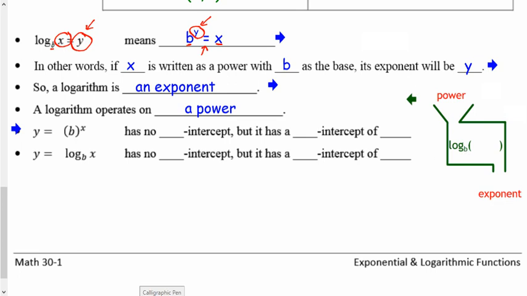So this little subscript that we mentioned earlier is important because that tells us what base we're assuming that this power has. So if I put something like b to the y into my function machine, I will take the log base b of b to the y. And what does it give me as output? It gives me that exponent of y. It tells me what that exponent would be.